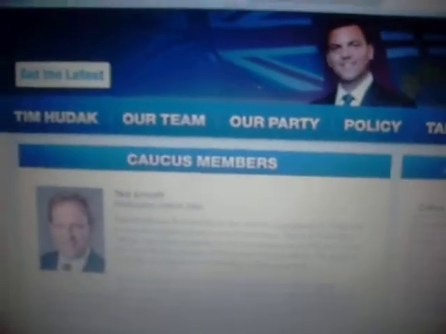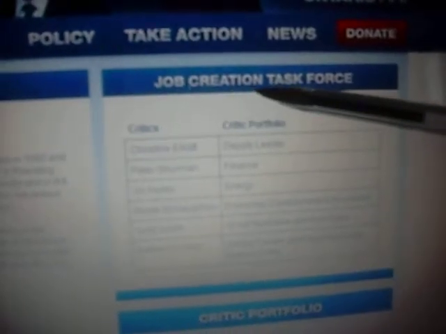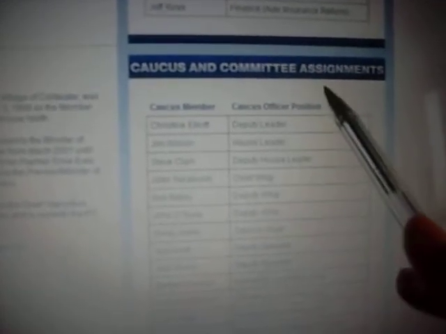So take a look. This is the Ontario PC. You go onto their website. It says: our team, caucus members, job creation task force, critic portfolio, deputy critic portfolio, caucus and committee assignments.